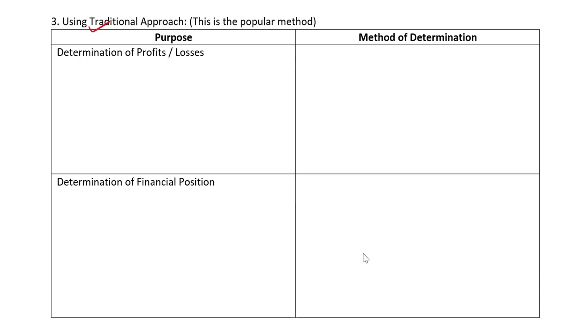The first account we will prepare is the trading account, and the other account is the profit and loss account. Those two accounts compare the incomes and expenses to ascertain the profit.